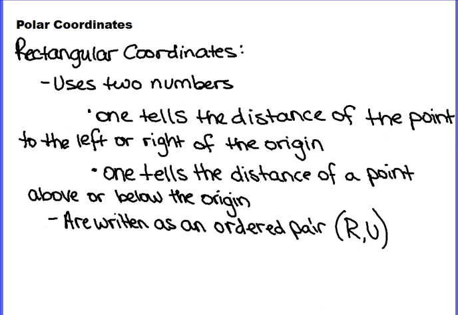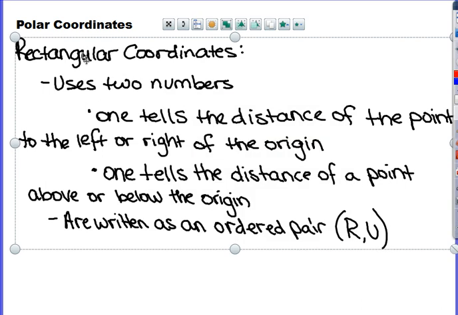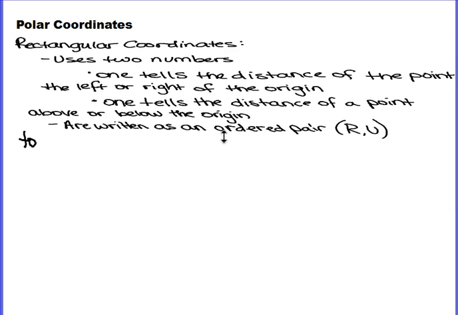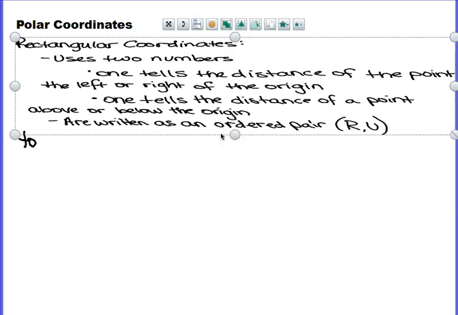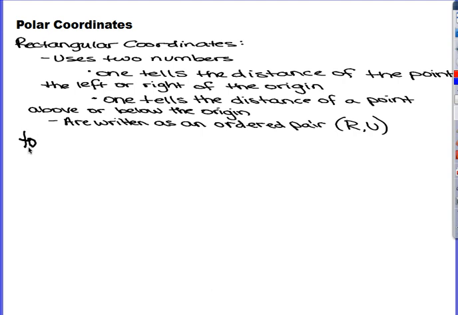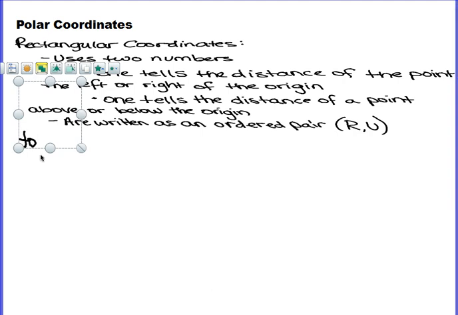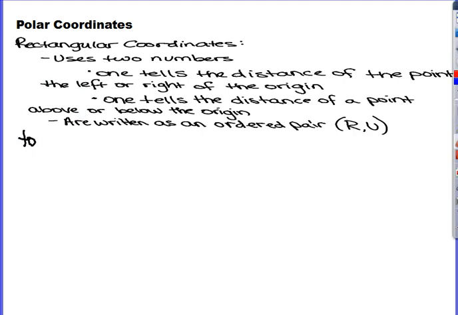All right, we're going to talk about what this means in just a minute, but let's look at what polar coordinates are first. Let me shrink this up a little bit. All right, so that's rectangular coordinates.